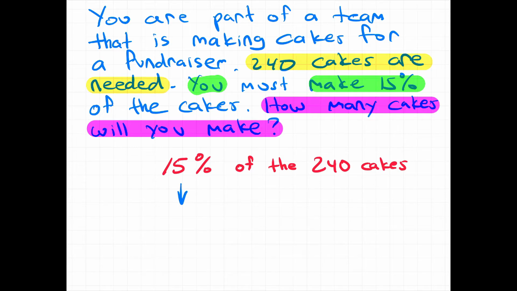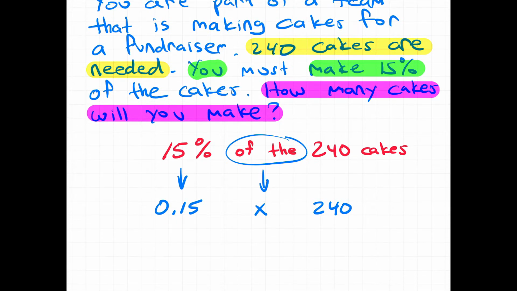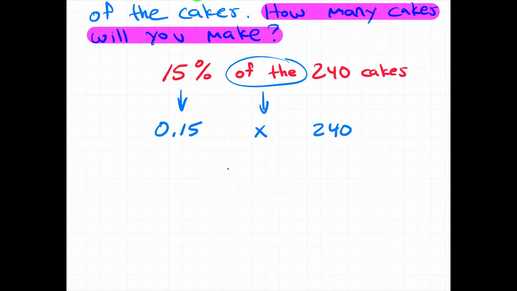So how do we convert a percent to a decimal? We're going to take the number and move the decimal 2 places to the left. So this is going to be 0.15. Now the word of, right here, means we're going to multiply. So 0.15 times 240.